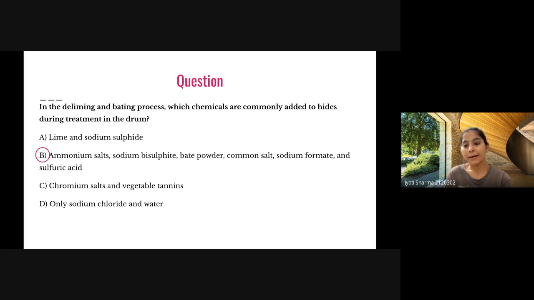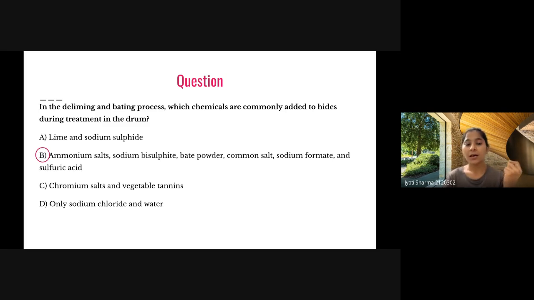So in the deliming and bating process, we are using chemicals, for example ammonium salt, sodium bisulfite, bate powder, common salt, sodium formate, and sulfuric acid. The thing to observe is how much chemical we are using to treat our hide. After treating, the hide will be extracted out and go on to the next step. But this chemical will give you waste water, or a lot of hazardous material that we have to treat before discharge or before disposing it into the atmosphere.